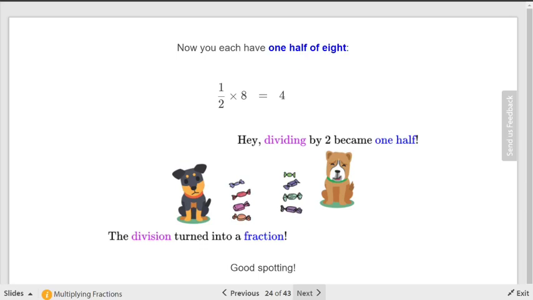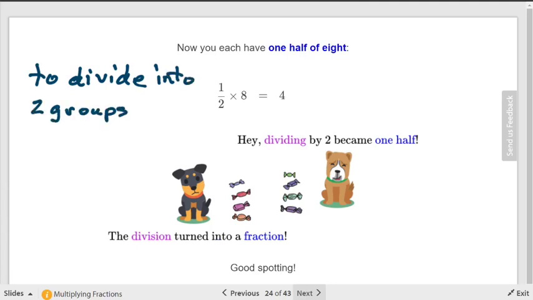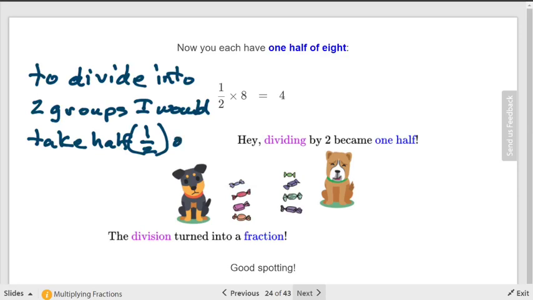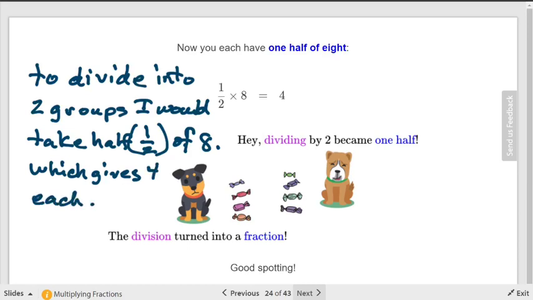You would say, to divide into 2 groups, I would take half, or you could write it as 1/2, of, how many pieces were there? 8, okay? Which gives what? 4 each. Okay? You need to be able to explain what's happening.